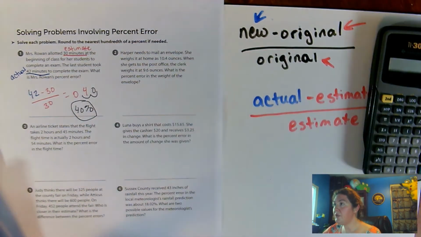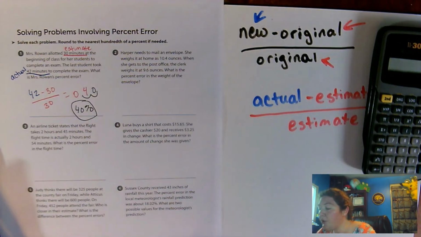Alright, number 2. Harper needs to mail an envelope. She weighs it at home as 10.4 ounces. When she gets to the post office, the clerk weighs it in at 9.6 ounces. What is the percent error in the weight of the envelope? Alright, I need to find my two numbers here.